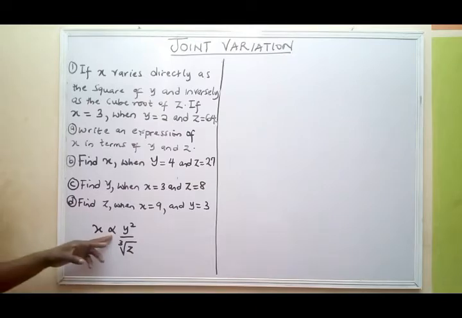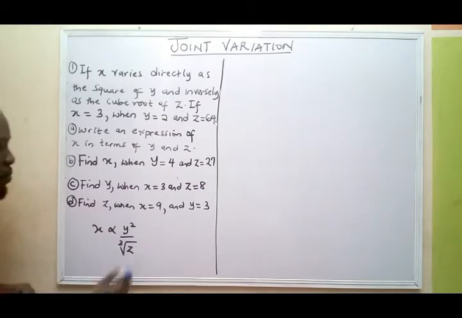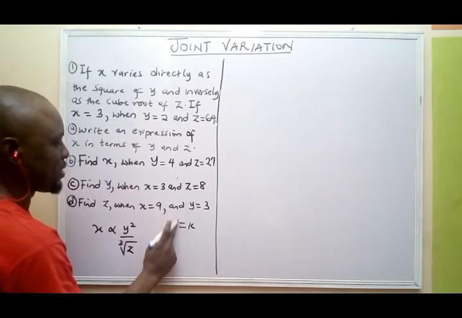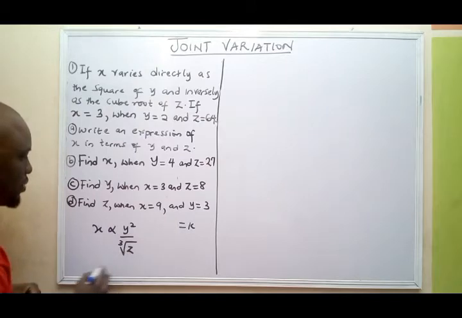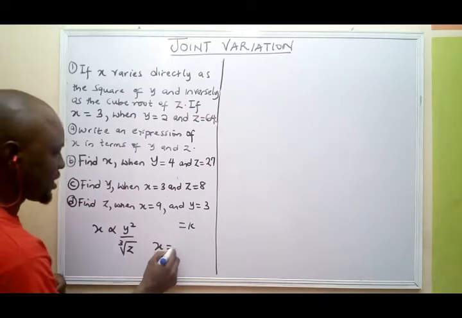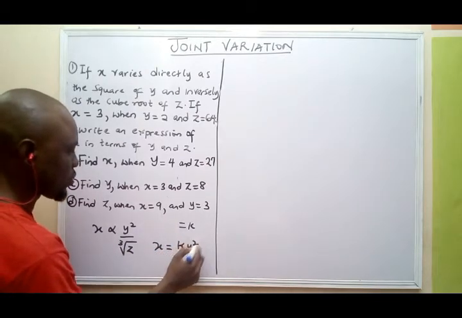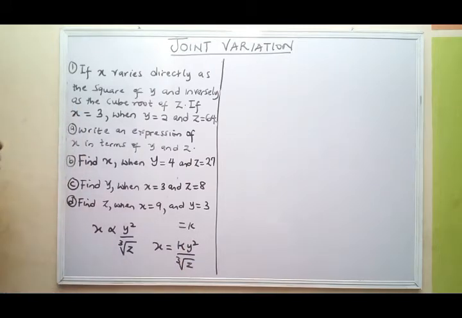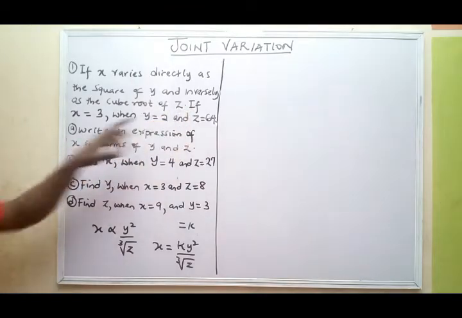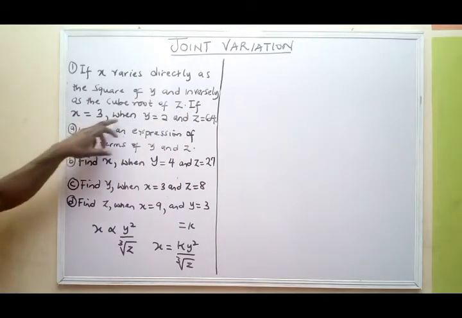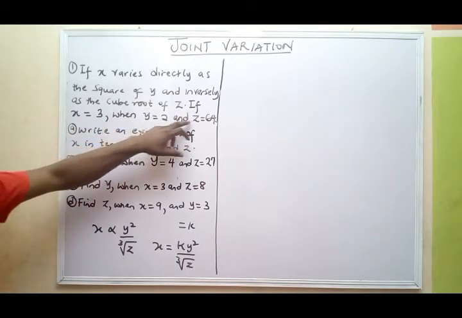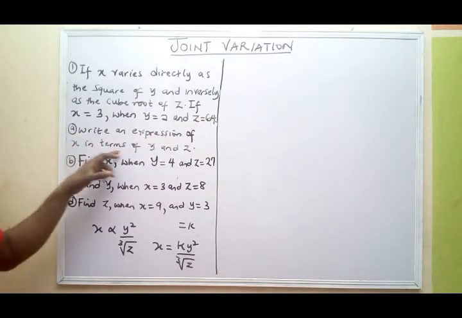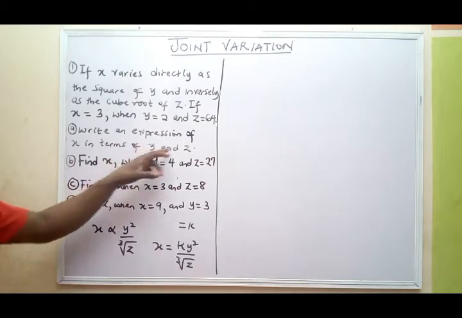I'm going to replace the sign of proportionality with an equal sign and k. So my expression becomes x equals ky squared over the cube root of z. Now the question says, if x is 3 when y is 2 and z is 64, write an expression of x in terms of y and z.